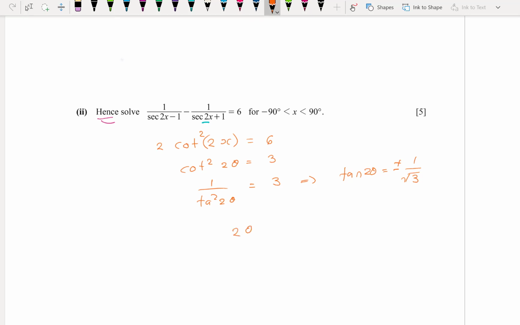So 2 theta, when I substitute this in the calculator, Amrita, it says either pi by 6 or minus pi by 6. Okay, now we need to do that thinking again. It won't be only this. You would want to consider other possibilities. So that means plus or minus n pi.